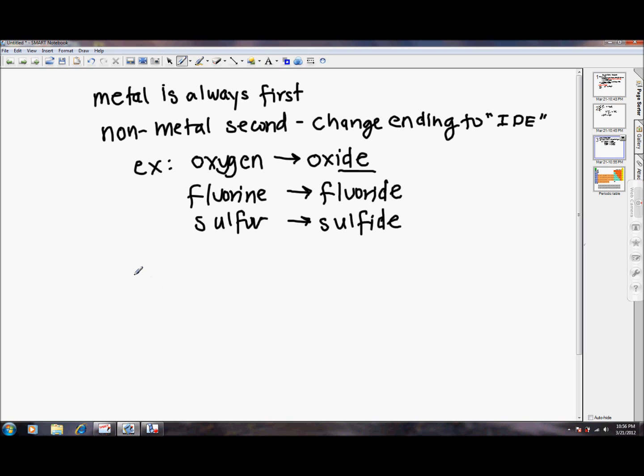So for example, the compound is called, this is the metal, lithium, Li. Check your periodic table. This is oxygen, so it's lithium oxide. Okay.